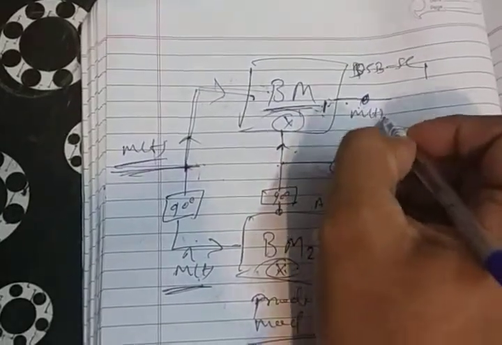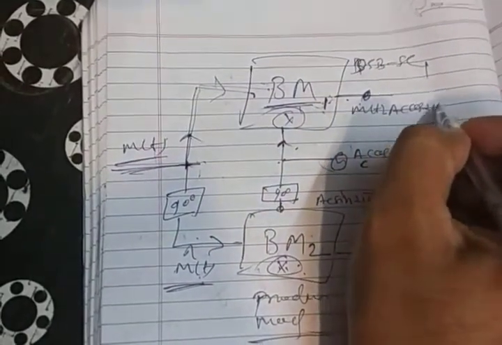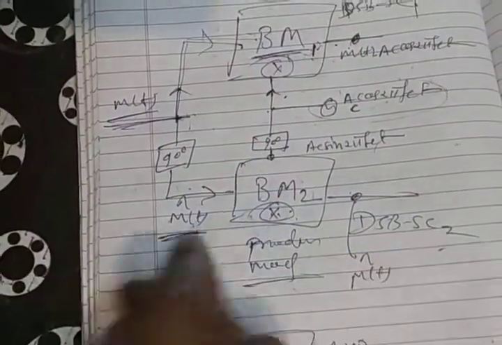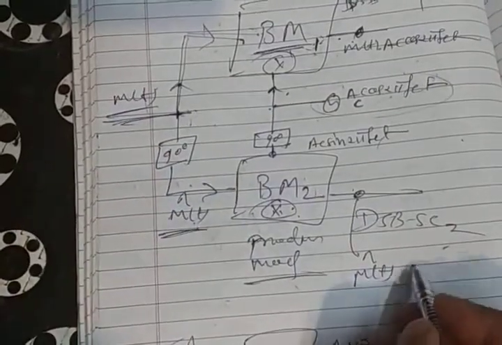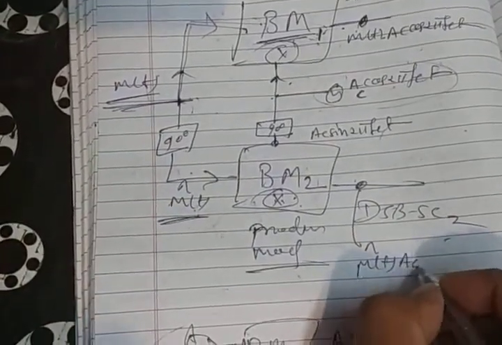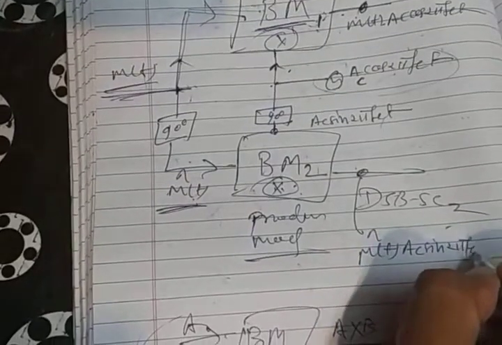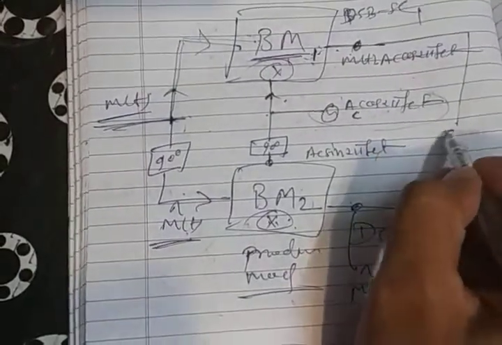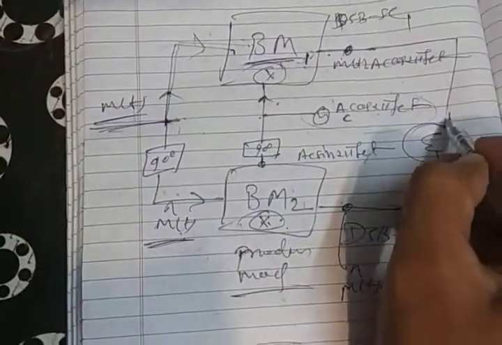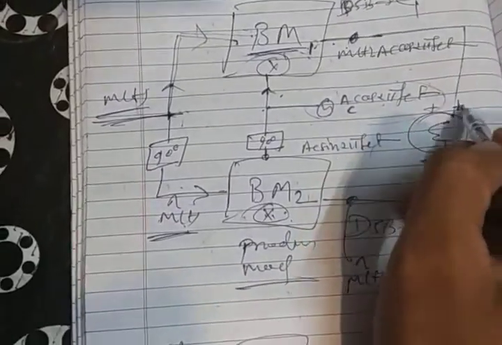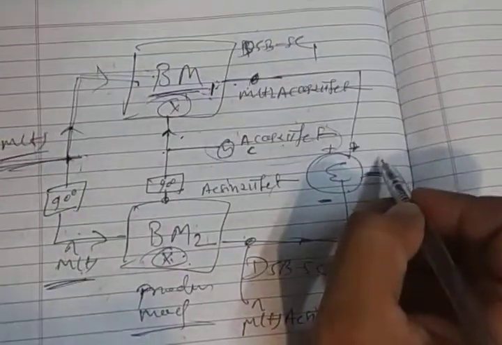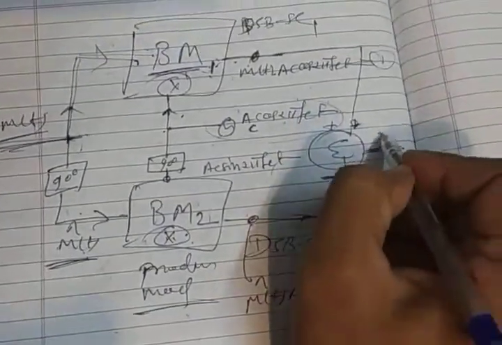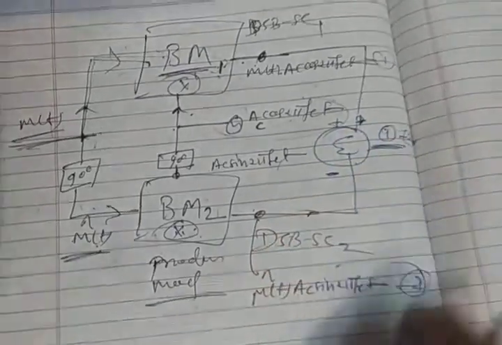The output is m of t into Ac cos 2 pi fct, and m hat of t, the 90 degree phase shifted wave, into Ac sin 2 pi fct. These two signals are connected to a summer. This is positive, this is negative. Suppose this is equation number 1 and this is equation number 2. The output of the summer is equation 1 minus equation 2.